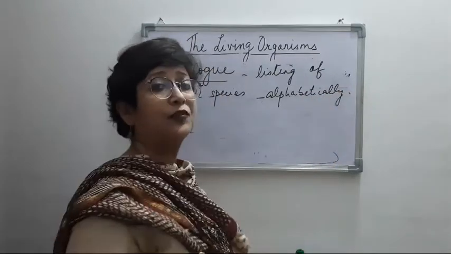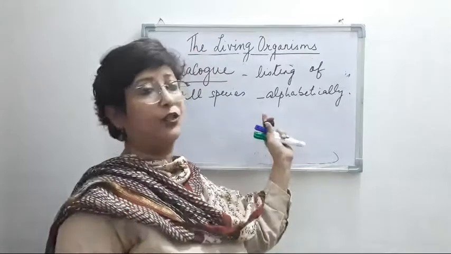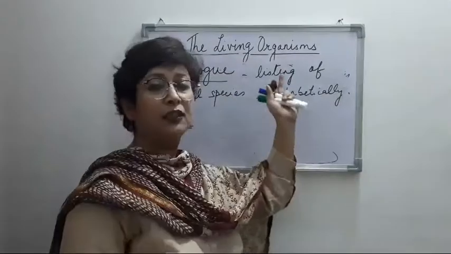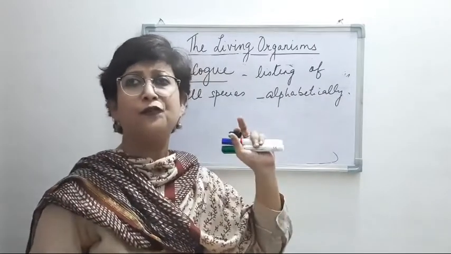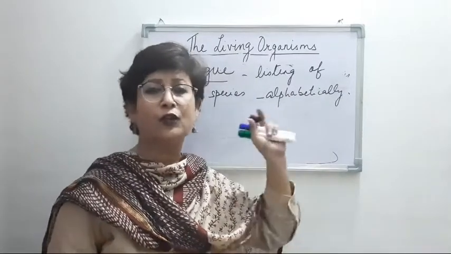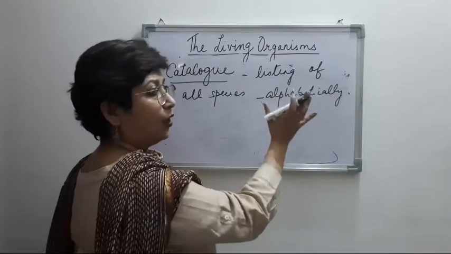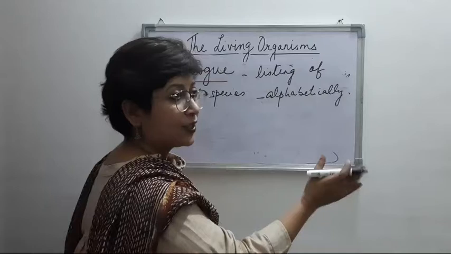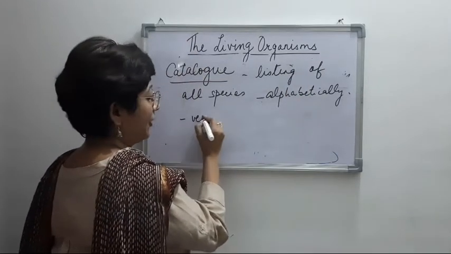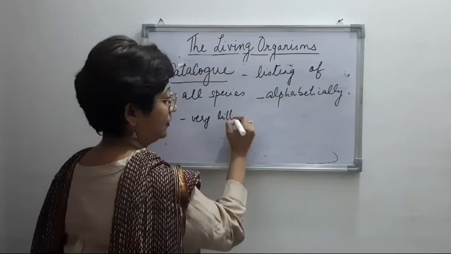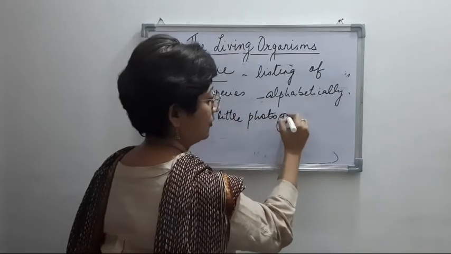Like how we have the names in the attendance register in alphabetical order. So this is how even in the catalog the organisms are listed alphabetically, and very little photographic details would be found, right? So basically it is a listing of the names of the organisms in an alphabetical order with very little photographic details.